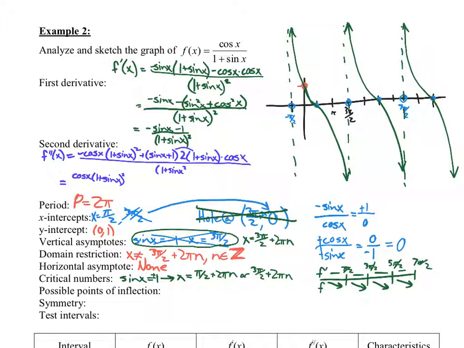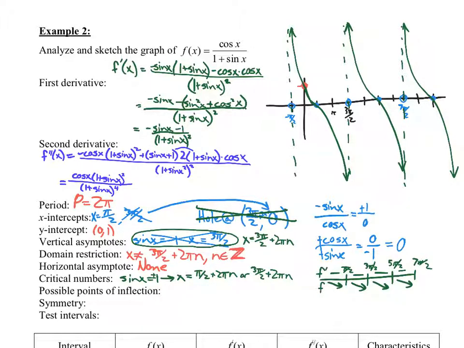So this whole thing is just -1 plus 2, which means that's what this simplifies to. It's just cosine over (1 plus sine x) squared. And this whole thing is over (1 plus sine x) squared squared, so that's the 4th power.